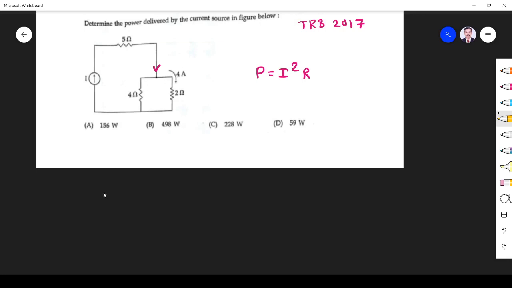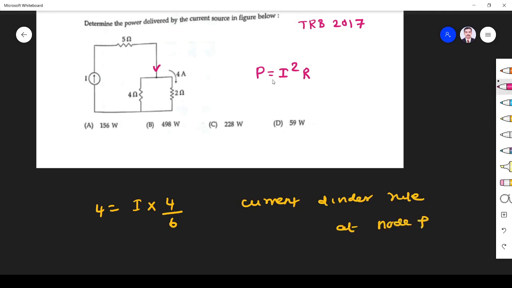This 4 ampere is the total current, into 4 divided by 6. I apply the current divider rule at node P. Where is that point P? Here.